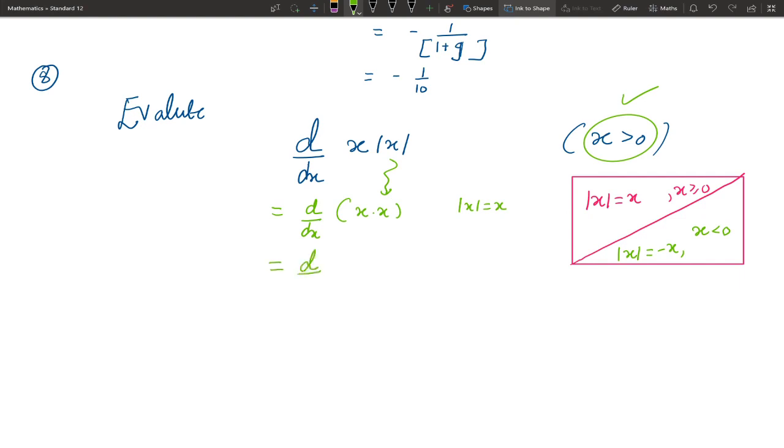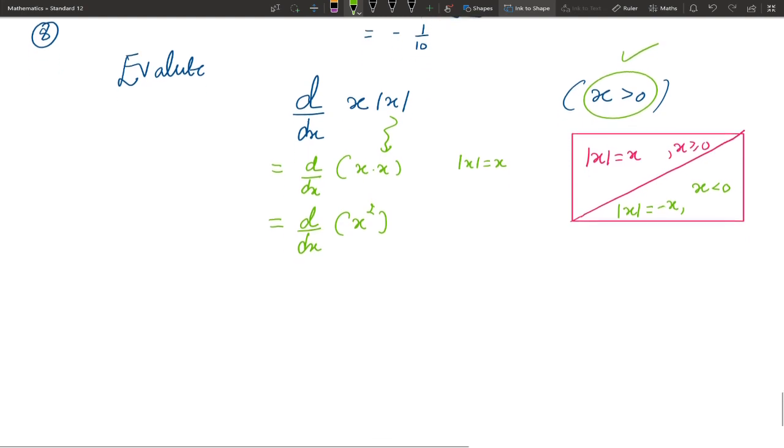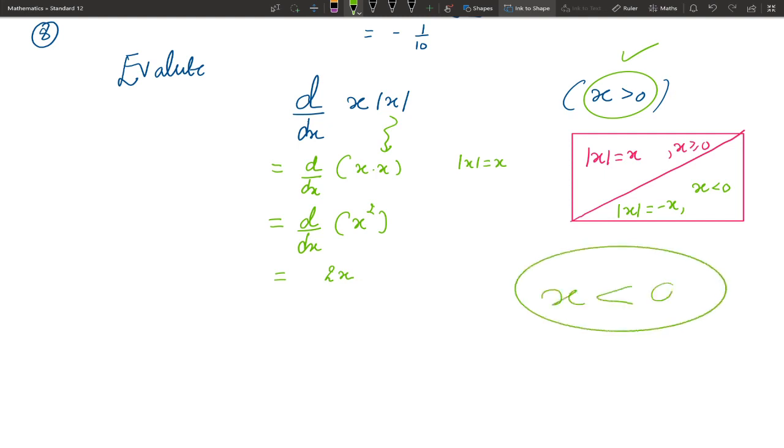So this is d by dx of x square, which is nothing but 2x. The same thing you can differentiate in the case of x less than 0. Now we take one simple example.